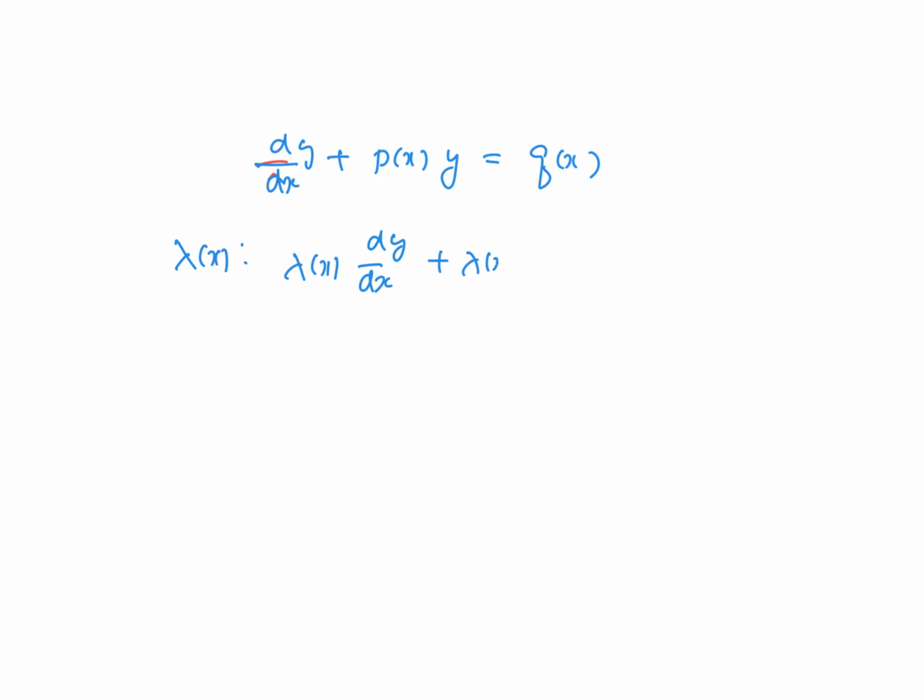We have dy/dx plus p(x) y equals q(x), and multiplying by lambda(x), we have lambda(x) dy/dx plus lambda(x) p(x) y equals lambda(x) q(x), right?